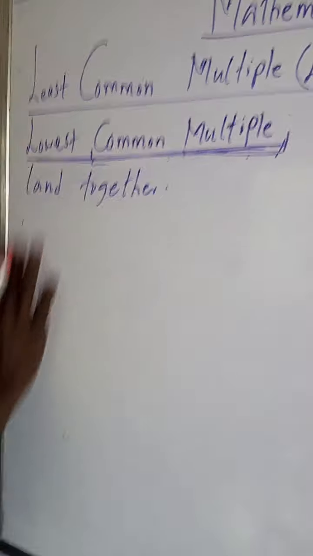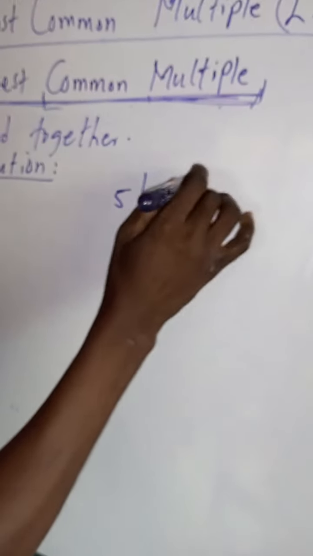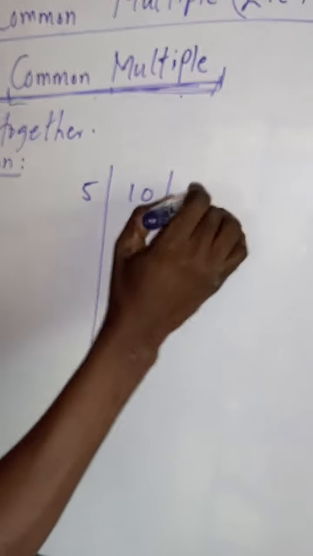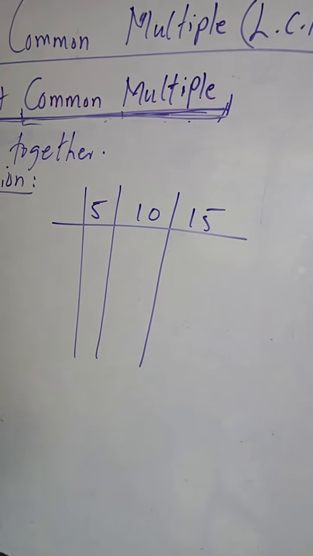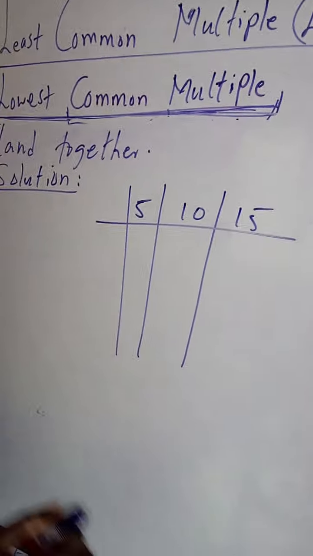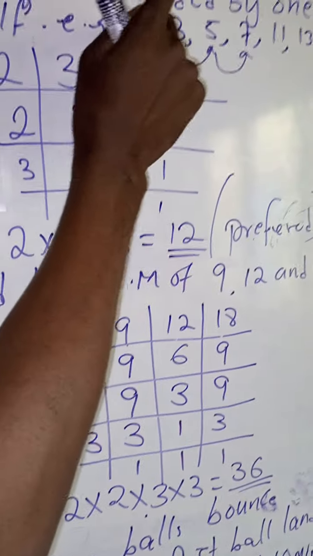So let's look at the solution. The first ball, 5 minutes. Second ball, 10. Third one, 15. Let's say at what time will they land? Now I want to divide through by my prime numbers. 2 can divide 10 here, so I'll make use of 2.